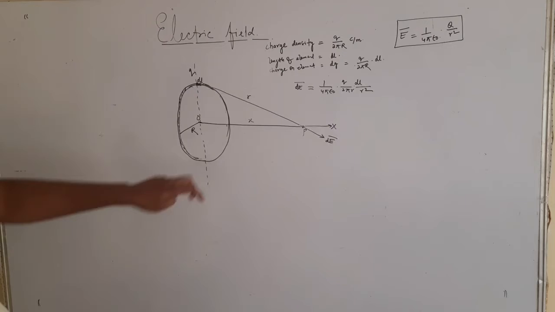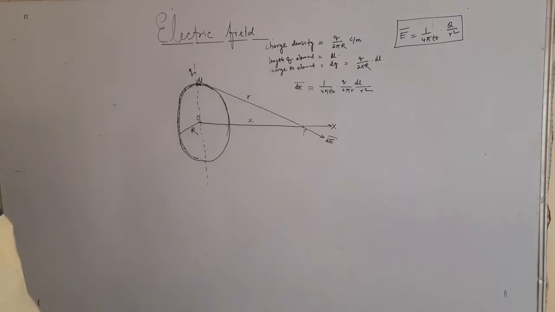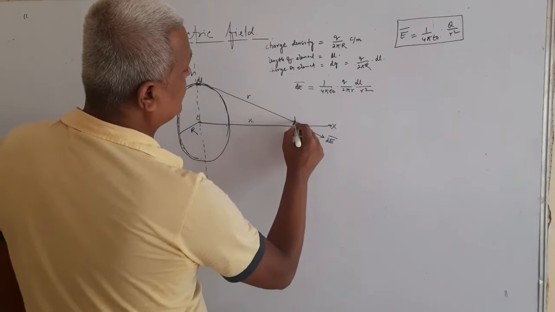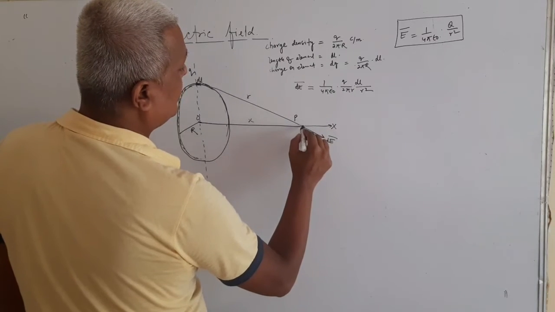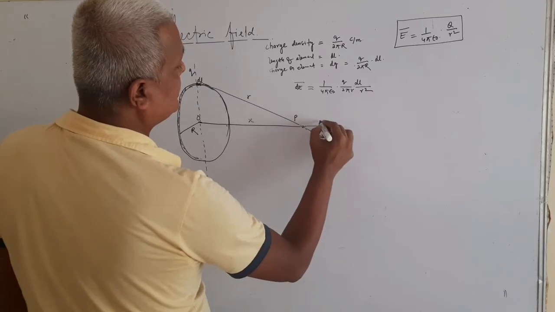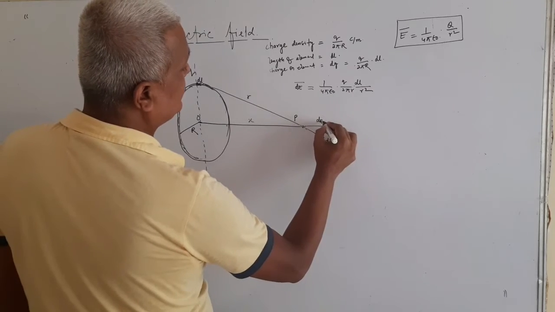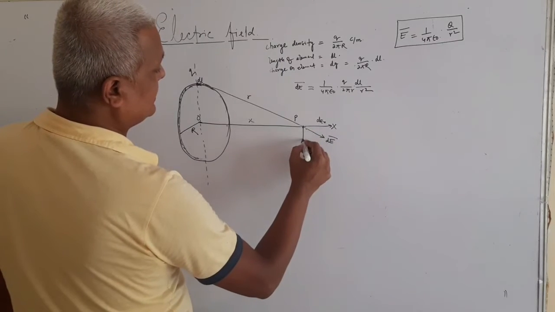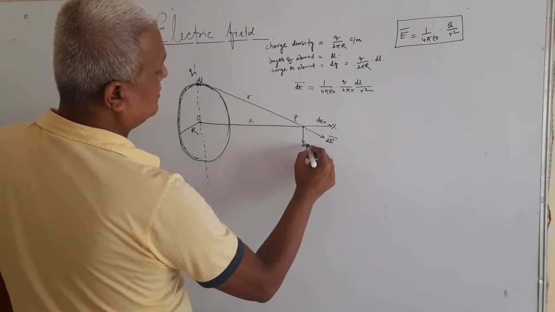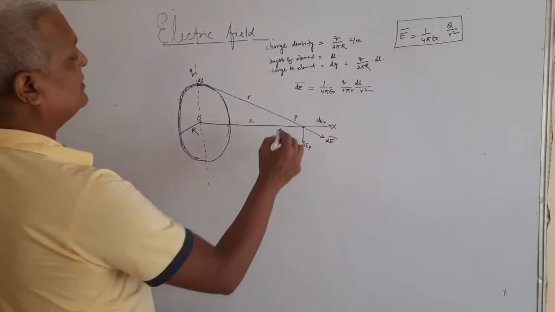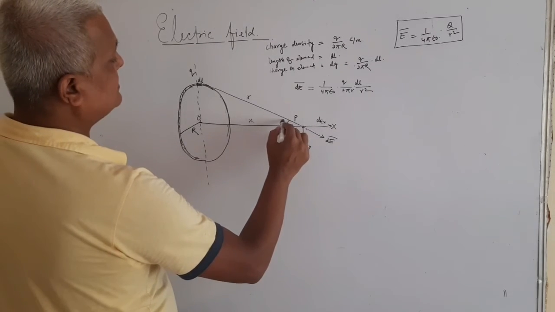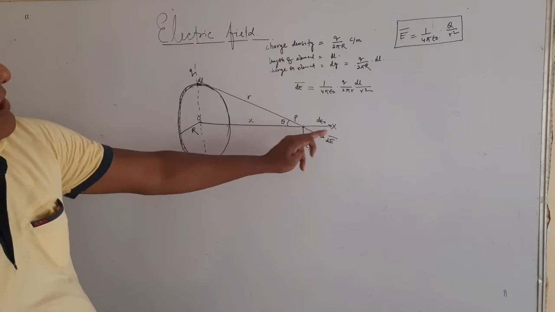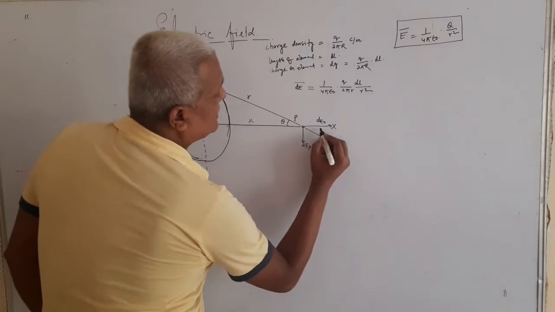So this is the electric field due to this element. Now we will resolve this field into two components. One along this, which I'll call the electric field component along the x-axis, and this is the electric field along dEy.